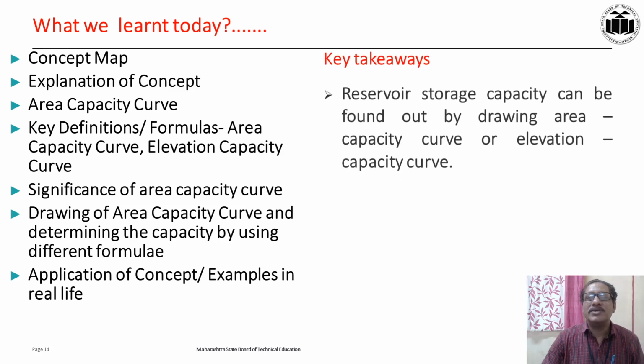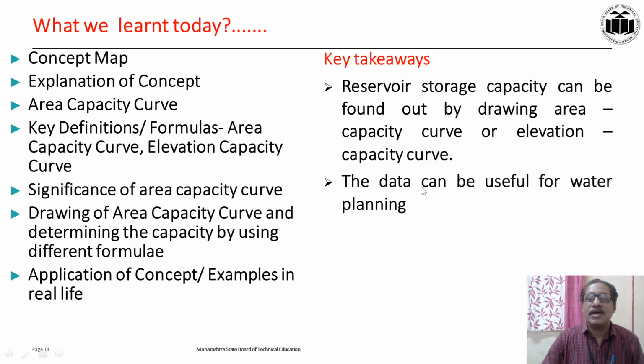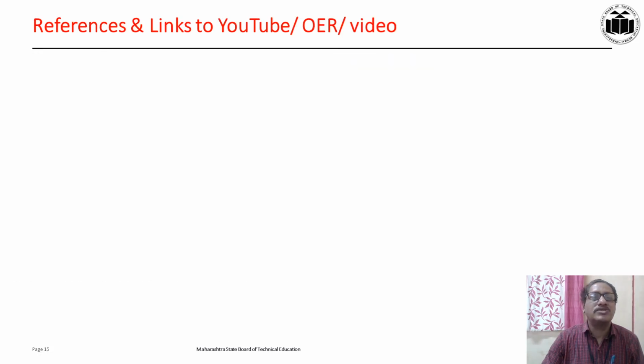The key takeaway of the topic is that reservoir storage capacity can be found out by drawing the area capacity curve or elevation capacity curve. The data can be useful for water planning also.